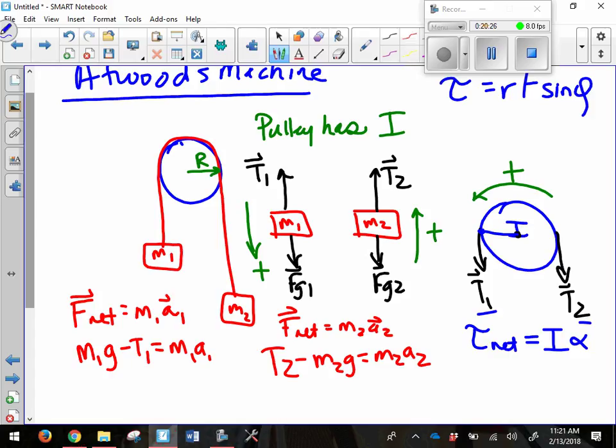So what's my moment arm going to be? Capital R, the radius of the pulley. So I'm going to have R T1. And what's the angle between my moment arm and my force? 90 degrees, and the sine of 90 degrees is 1. Okay. You all get it wrong enough that I still reserve the right to cringe before I ask you.